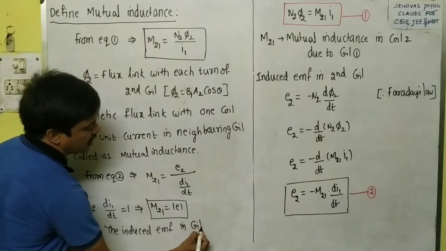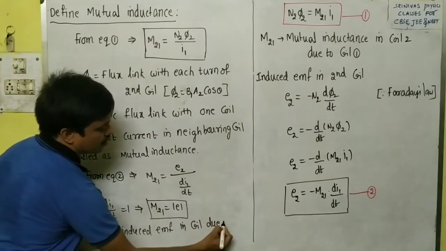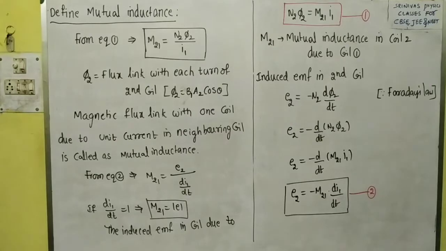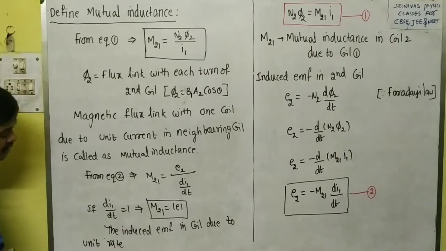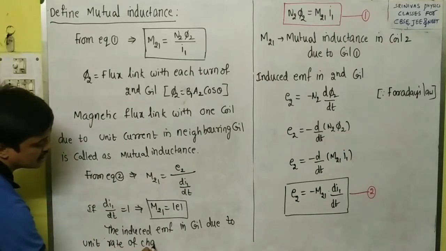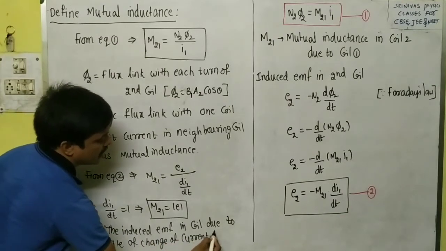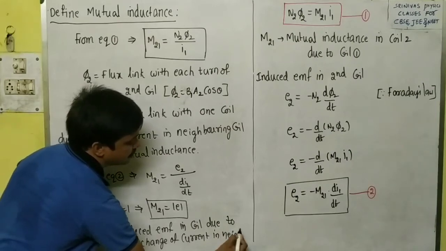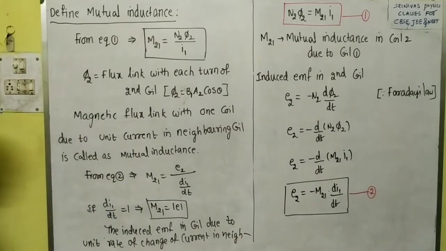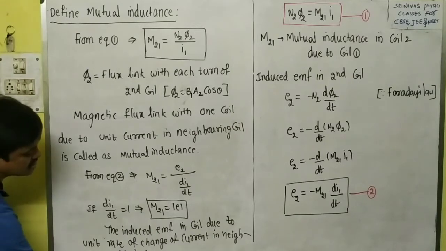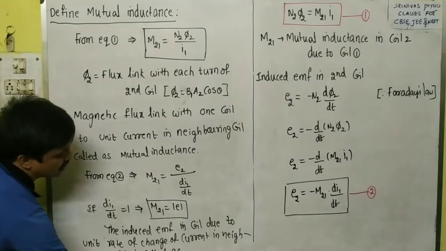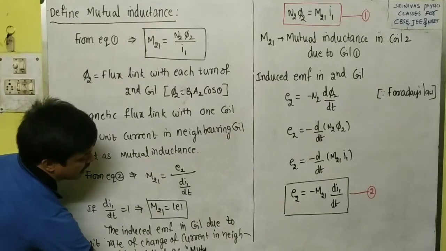The induced EMF in one coil due to unit rate of change of current in the neighboring coil is called mutual inductance.